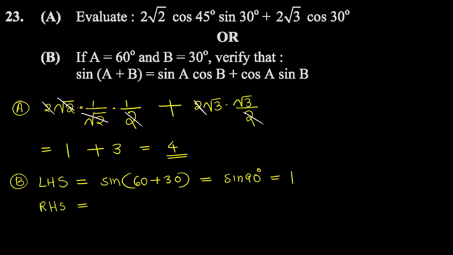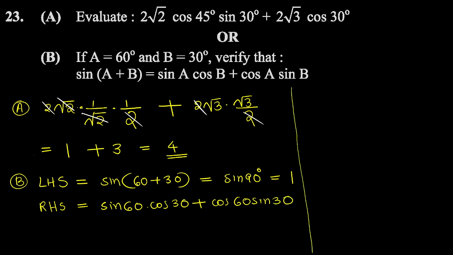Right hand side is sin A cos B plus cos A sin B, correct? A is 60 degree and B is 30 degree. So substituting sin 60 cos 30 plus cos 60 sin 30. Clear?